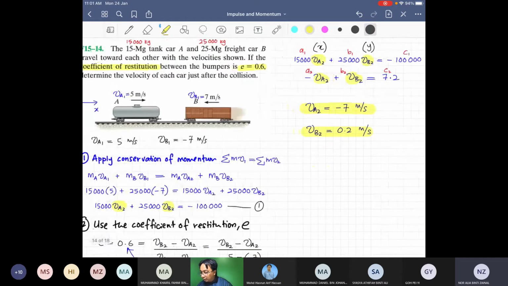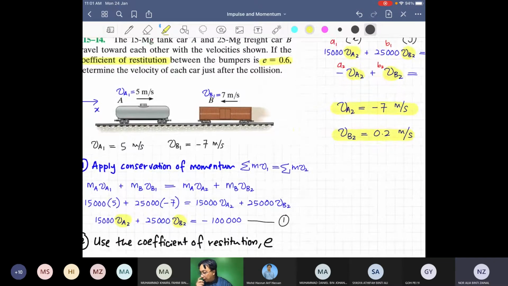If we reflect back on this picture, we will see that after the impact, VA2 becomes negative. So VA2 actually changes its direction after the impact. It will go to the left. This is VA2.